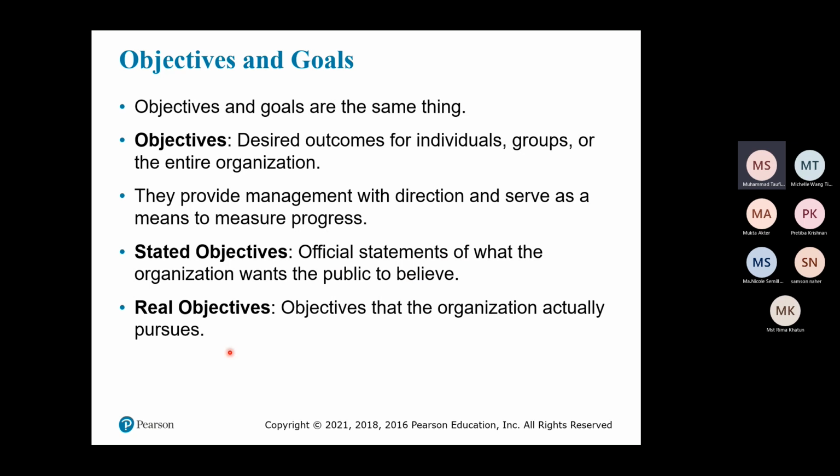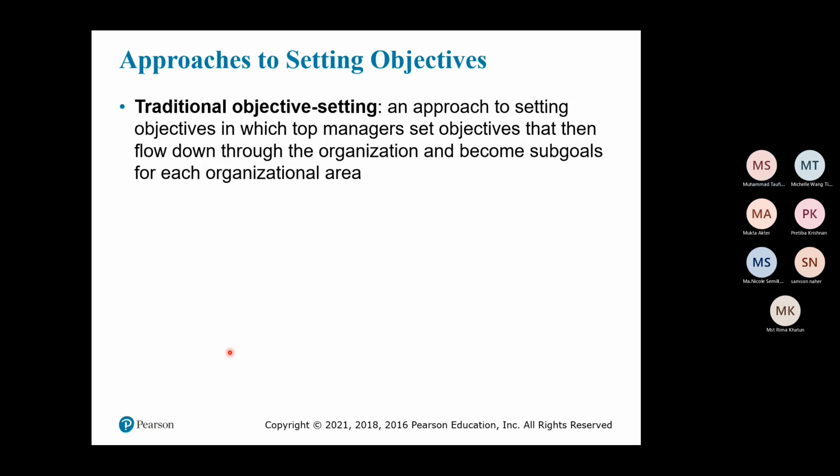Whatever they state publicly as their objective is maybe not very different, but slightly altered so that people cannot see their true target. So these are the two objectives in the organization.